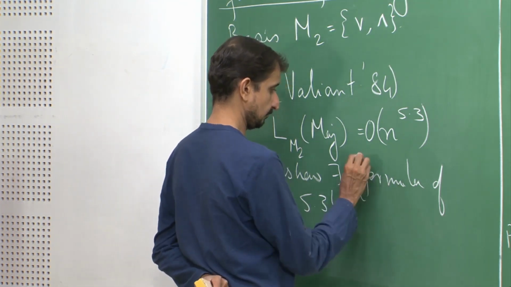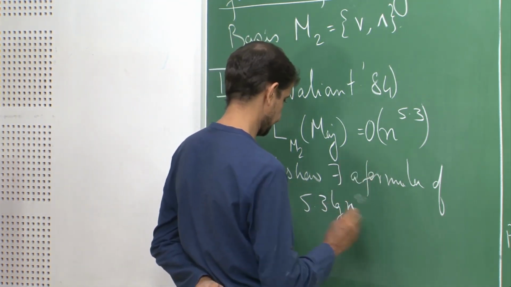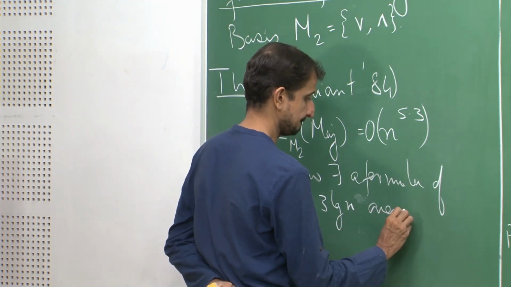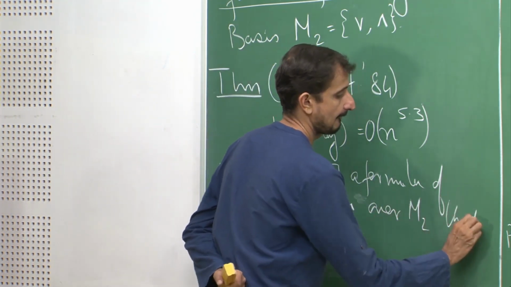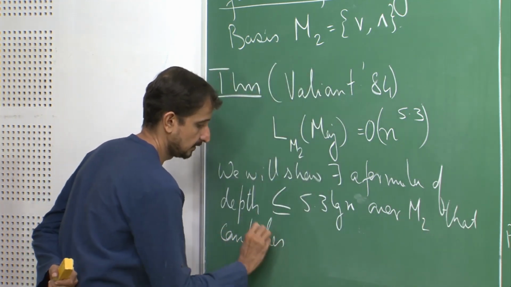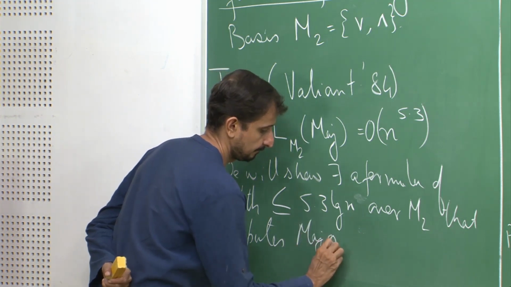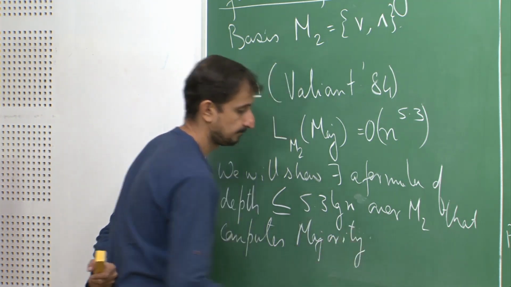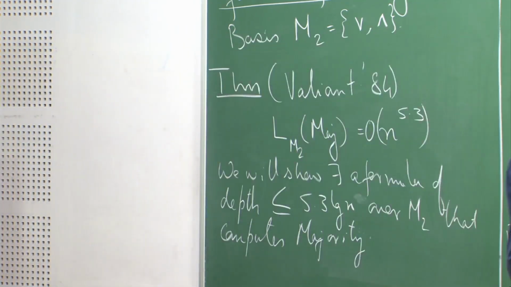There exists a monotone formula, or formula of depth, over M2 that computes majority. Any questions?